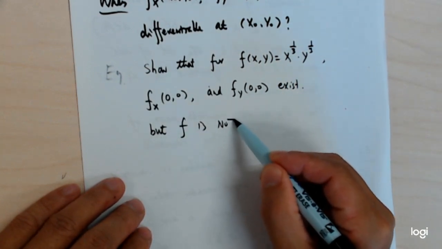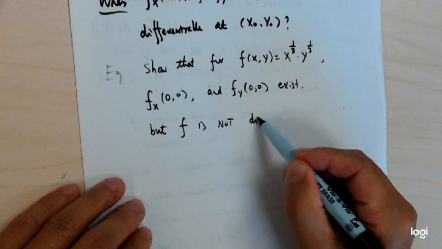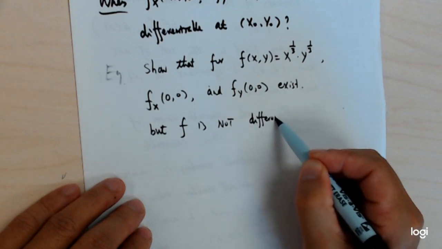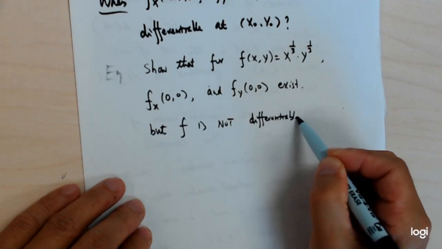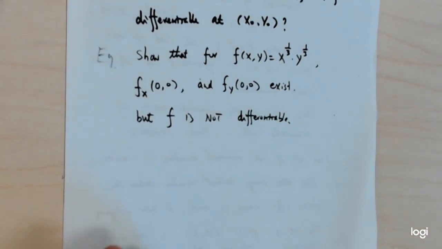But f is not differentiable. So this guy looks innocent enough and looks kind of nice, but it's not differentiable.